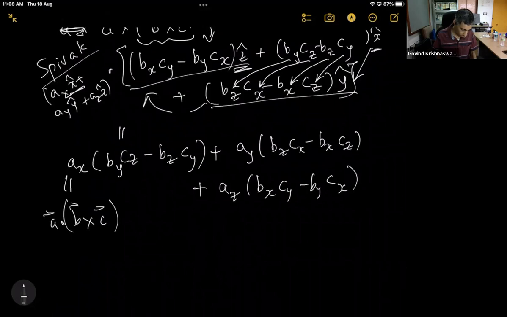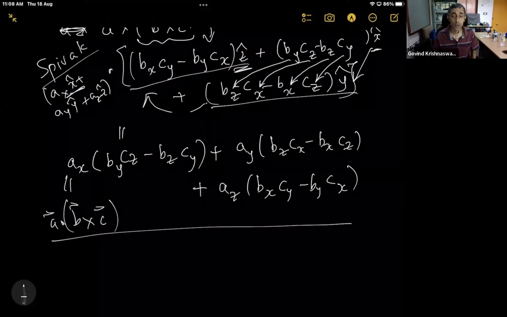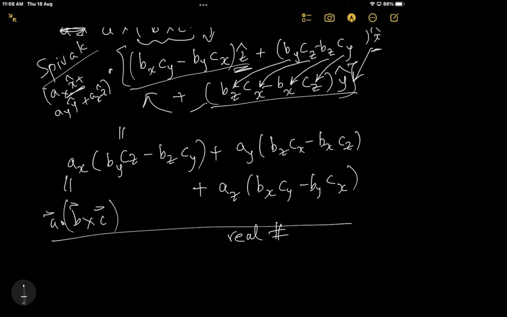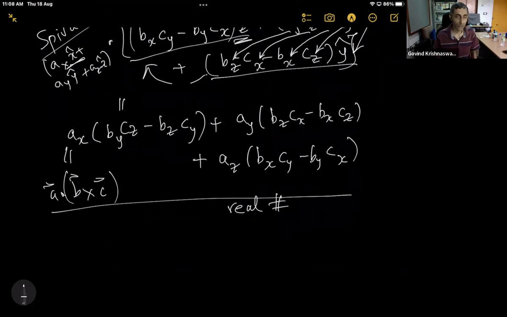Now, does anybody want to propose a shorthand notation or a nice expression for this whole thing? This is simply some real number, and this real number can be expressed in terms of a determinant, in an honest way that I will not be embarrassed to write.